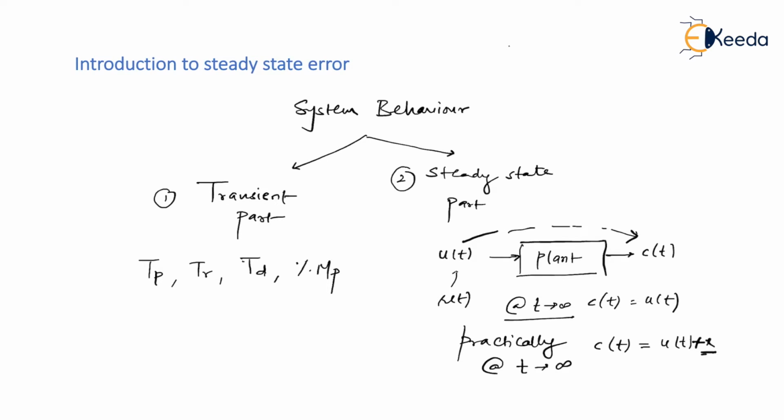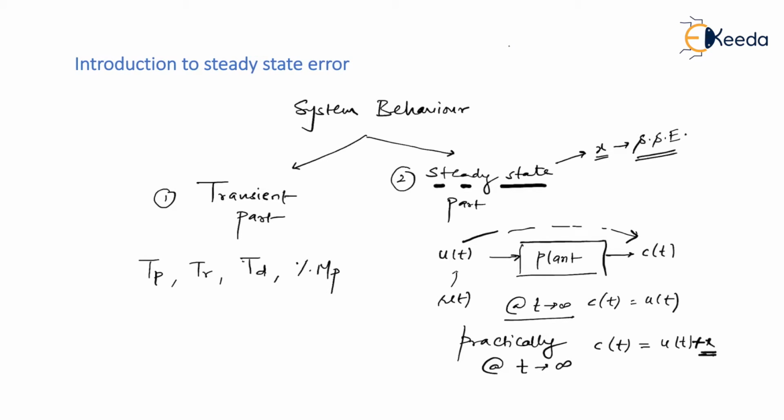Then this x is considered as error. I repeat, this x is considered as error, and you are getting this error during steady state, and therefore this error x is considered as a steady state error.